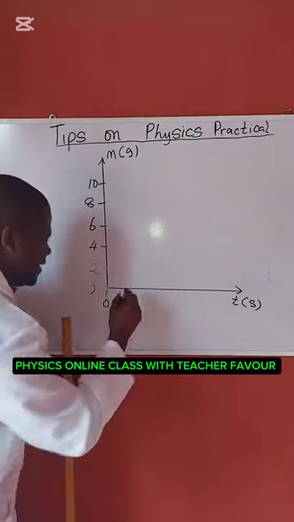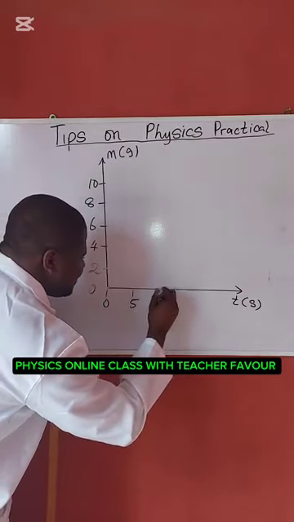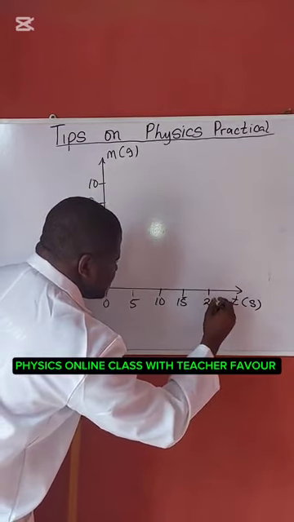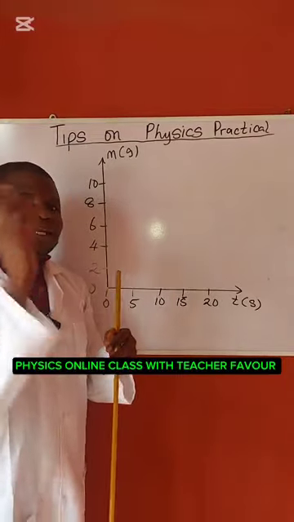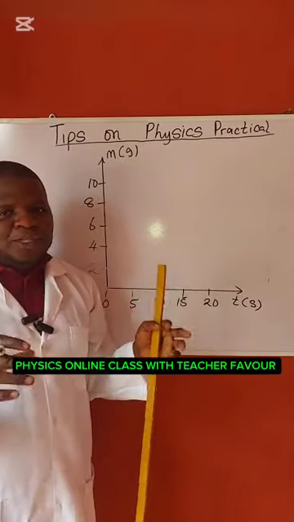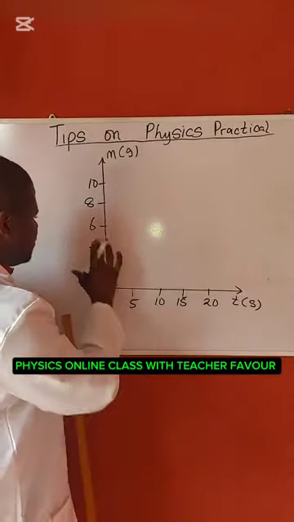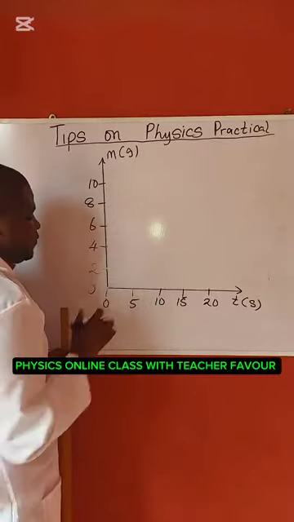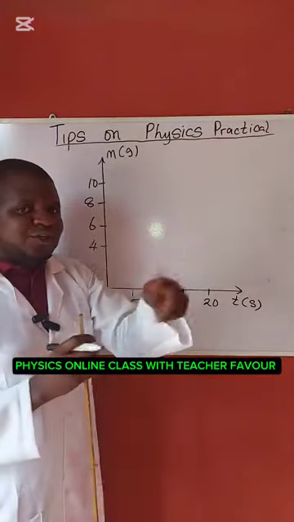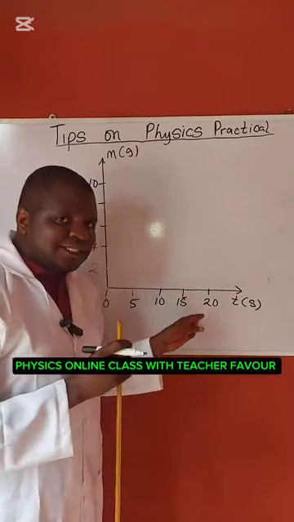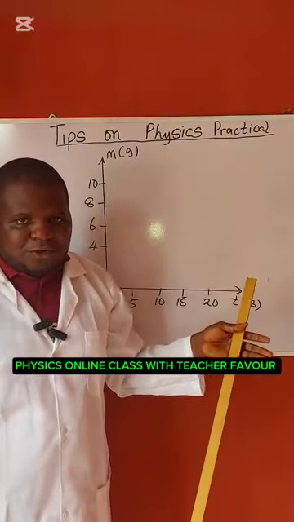We can go by 5, 10, 15, 20, depending on the highest number and the lowest number of the values you want to plot. So we have 2, 4, 6, 8, 10. You can use 5, 10, 15, 20. You can go by 10, 20, 30, 40, depending on your value.